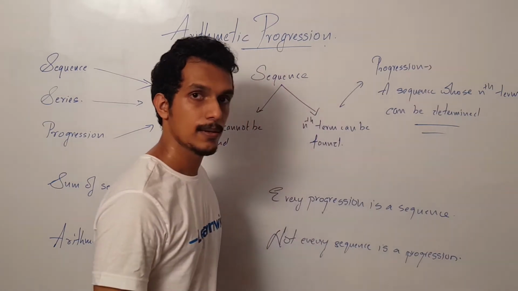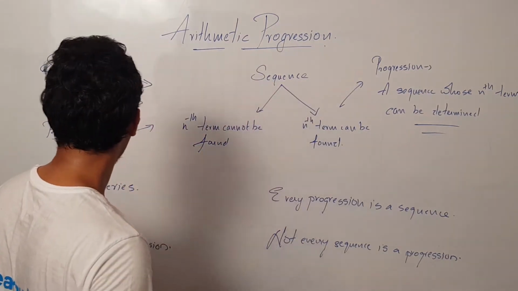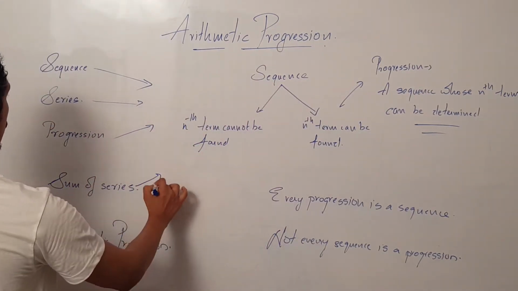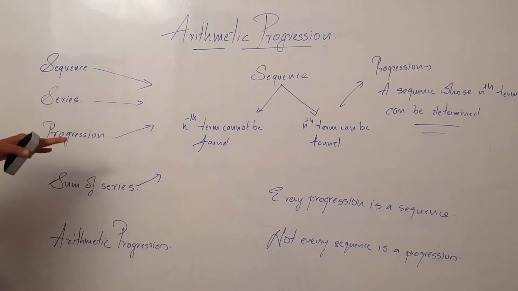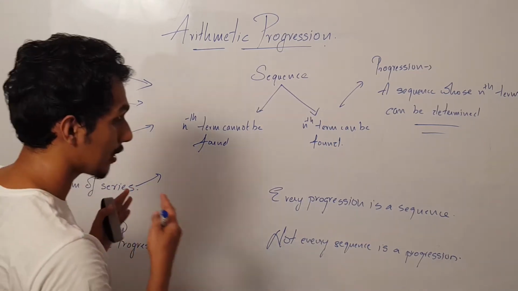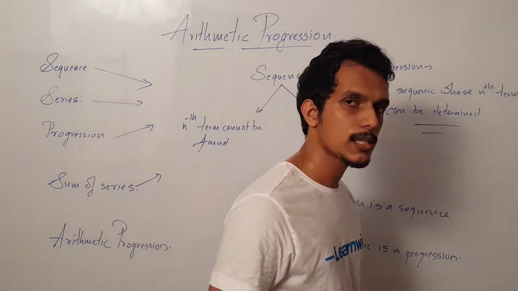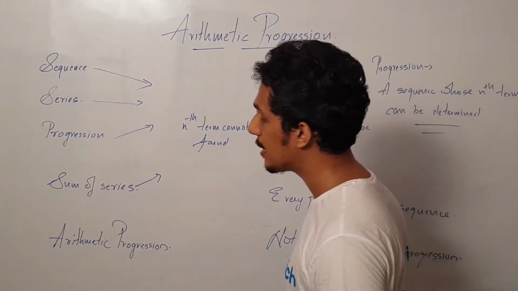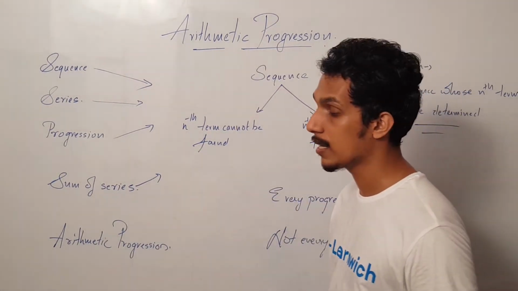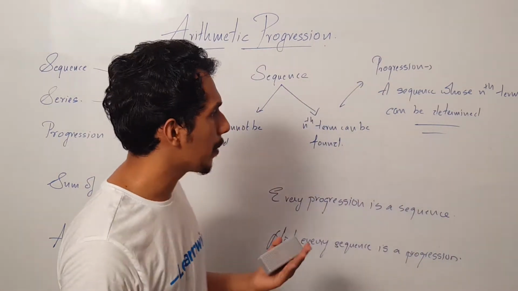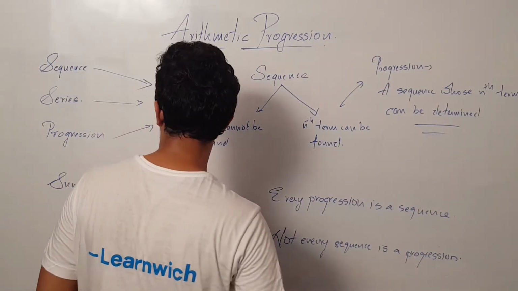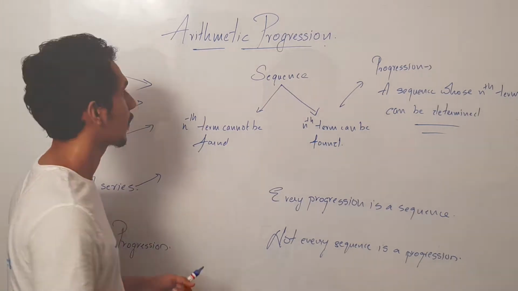Okay, so with that we have discussed sequence, series, progression, and sum of series, and the last and the most important part of this chapter is the arithmetic progression, which we will discuss very soon. So please take a minute to note all these things and we'll go to arithmetic progression.